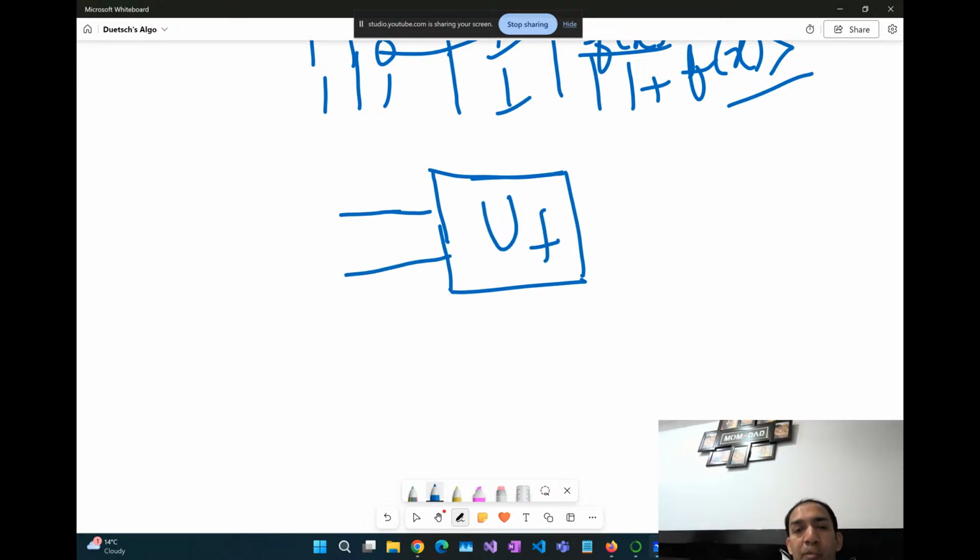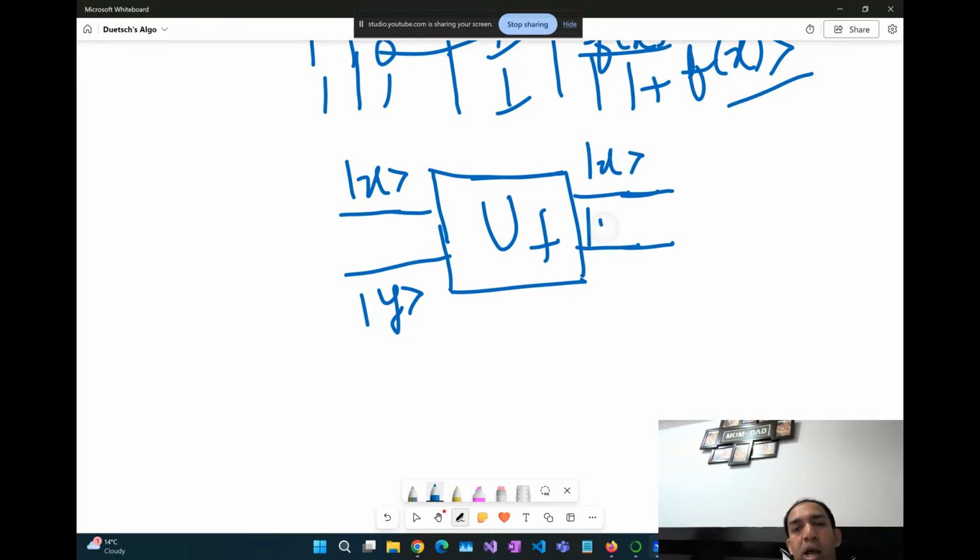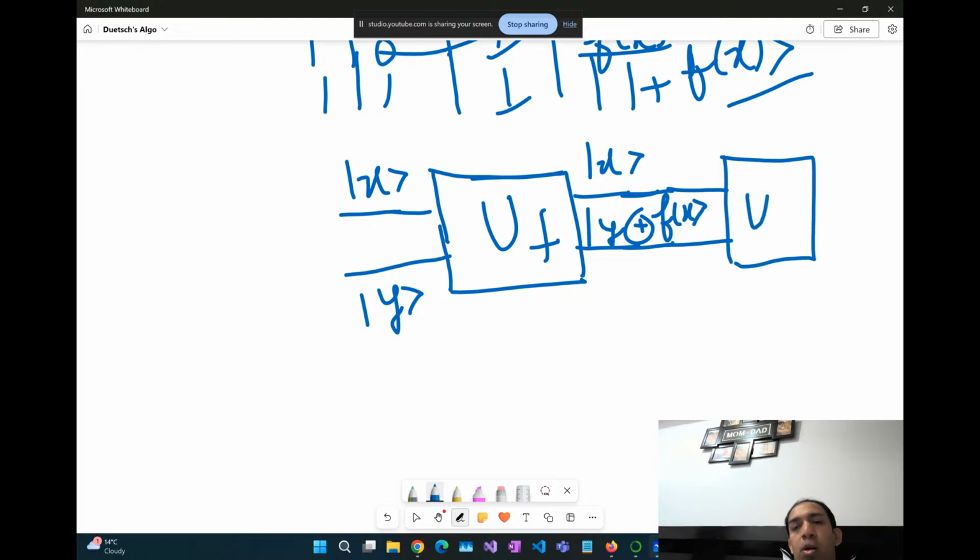So if you apply this cat x, cat y, of course you will get the output as cat x, cat y XOR with fx. But if you apply this oracle again, typically you should get the input state back in the output. That's the whole purpose of reversible gates or reversible operations.